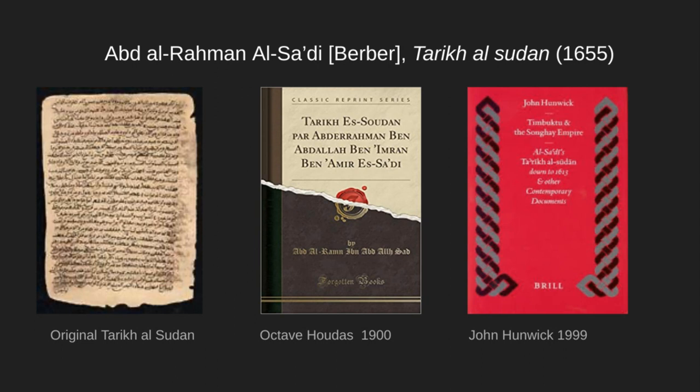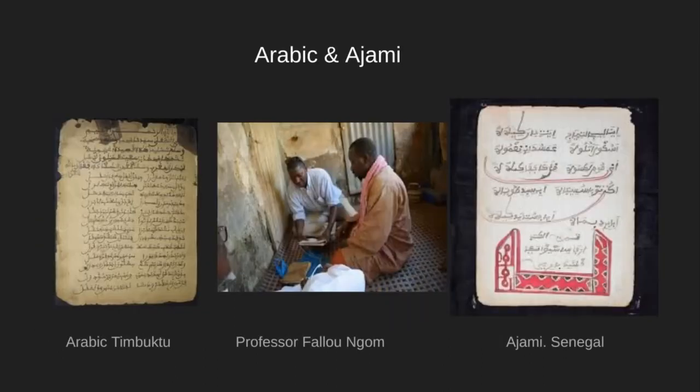So today in English, you can read both, in addition to Djian's wonderful book that has so many nice images and samples from these manuscripts. You can also read the entire Tariq Al Fattash in English from Africa World Press, or you can read from Brill Hunwick's translation of this history from Al-Sadi, the Berber historian, that was published in 1999.